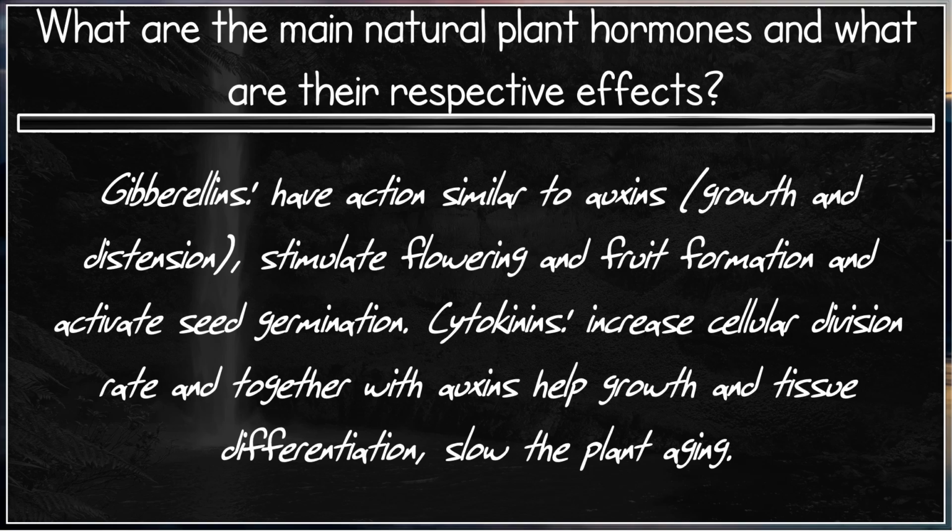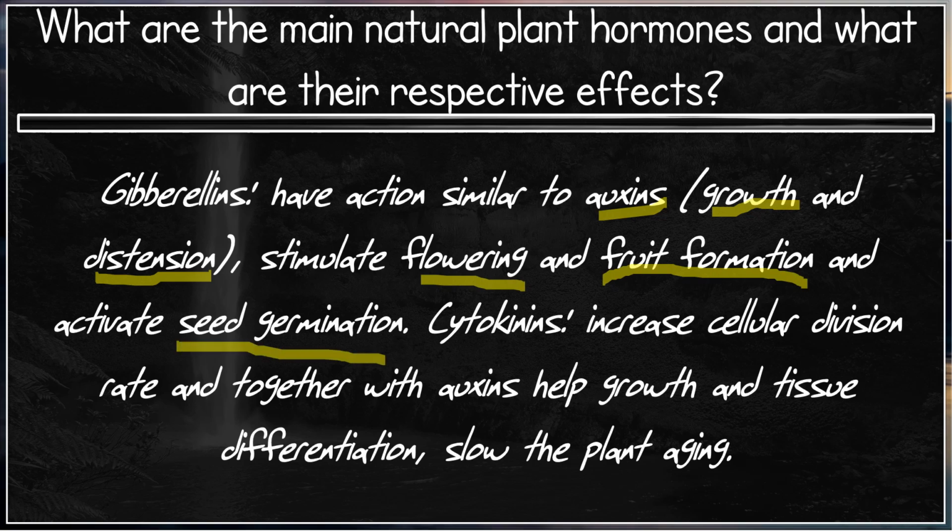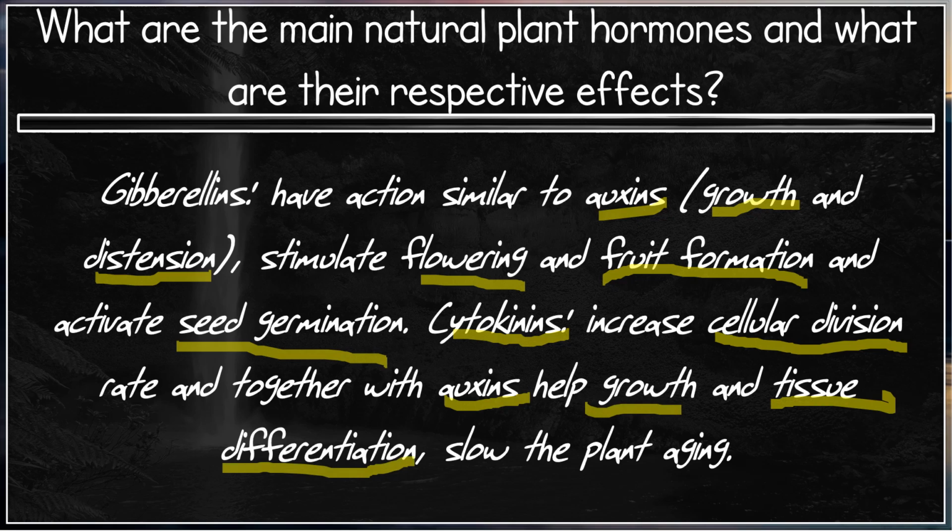Gibberellins have a similar action to auxins, that is growth and distension, stimulating flowering and fruit formation, and activating seed germination. Cytokinins increase cellular division, and together with auxins help growth and tissue differentiation, and slow plant aging.